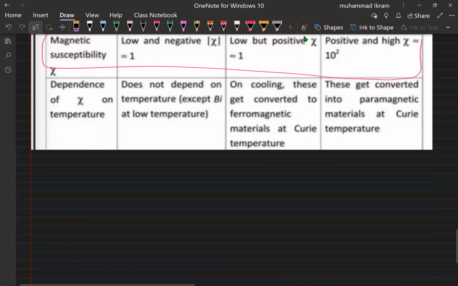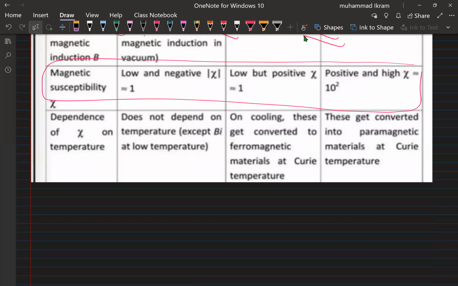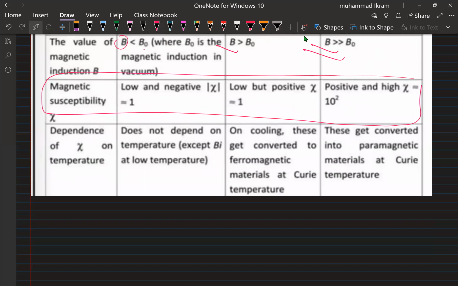And here we have the dependence on temperature, right? That you see does not depend on the temperature. On cooling, these get converted to ferromagnetic material and these get converted into paramagnetic material at the Curie temperature, right? So increasing the temperature decreases magnetization.